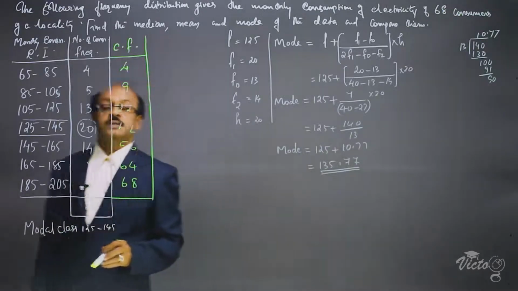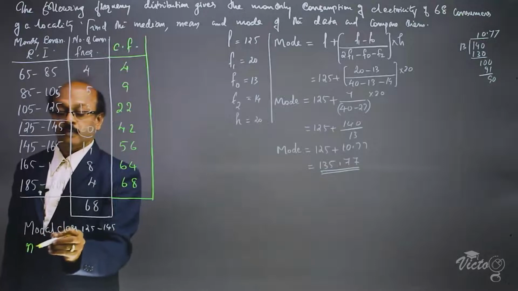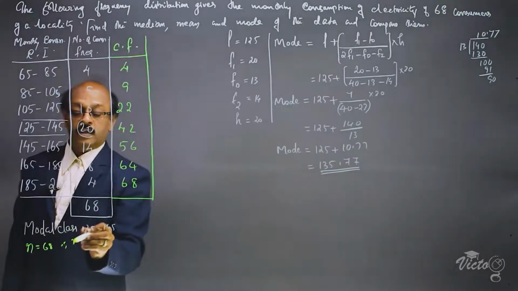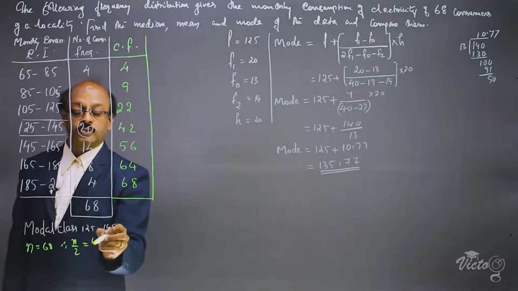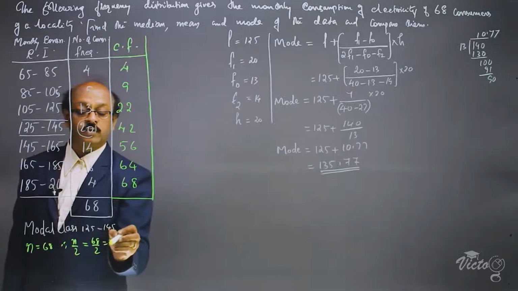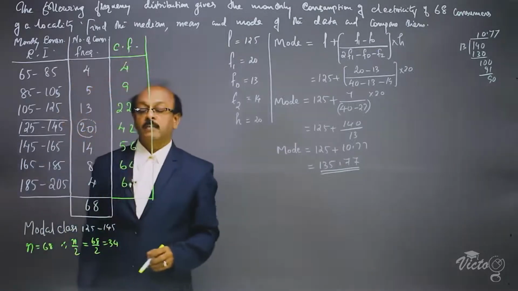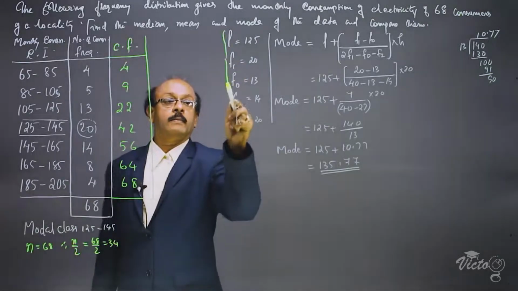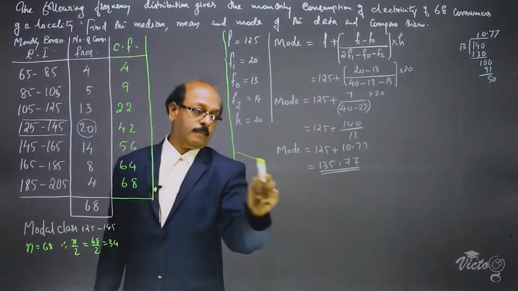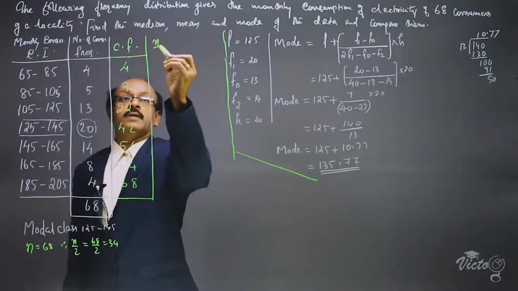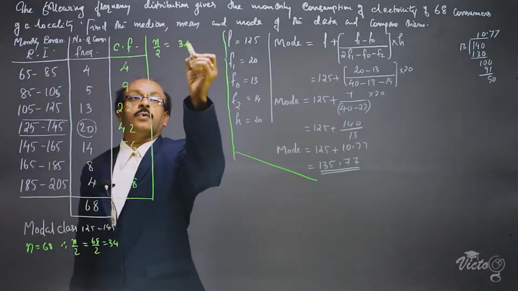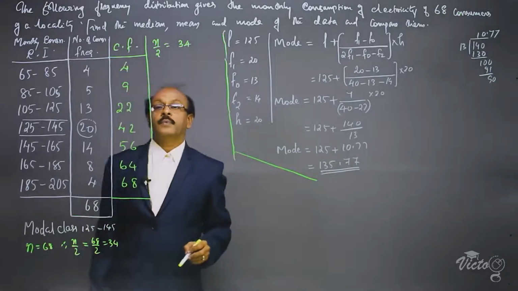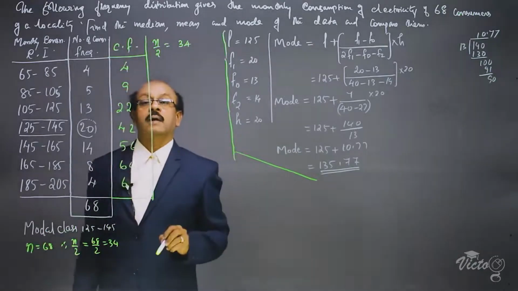N is equal to 68. Therefore N by 2 is equal to 68 by 2, which is equal to 34. We have to select the median class.